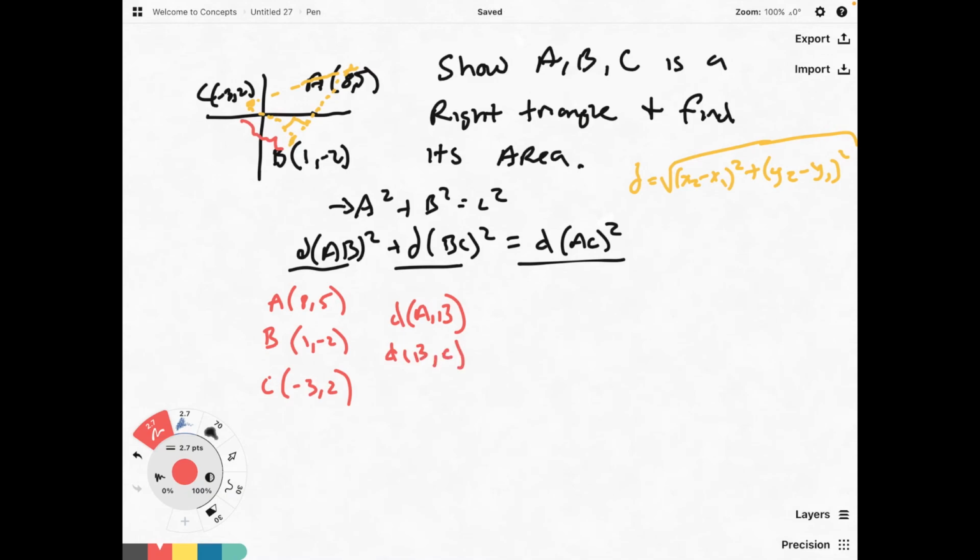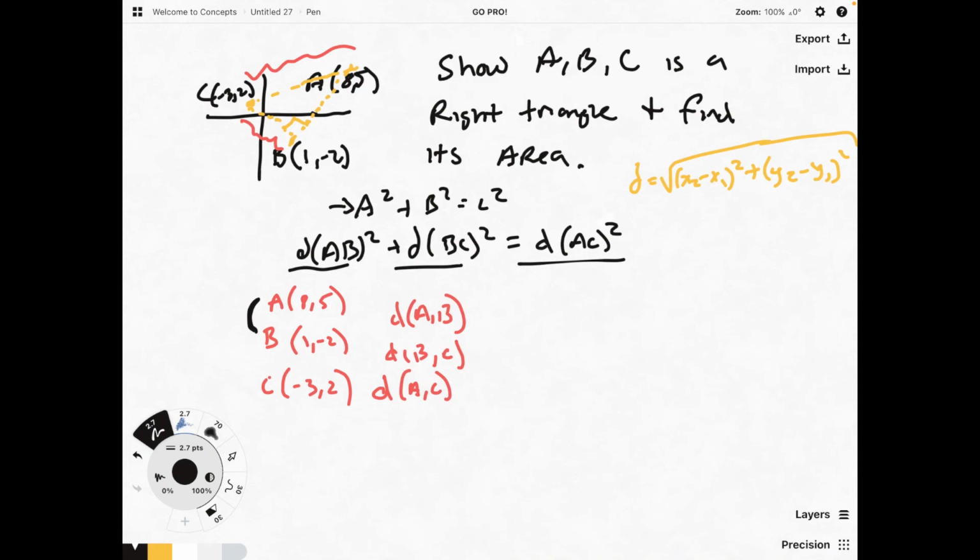And then we also need to find the distance between A and C. Okay, so if we look at the distance between A and B, then we're going to use these two terms. It doesn't matter which one's x2 or y2.